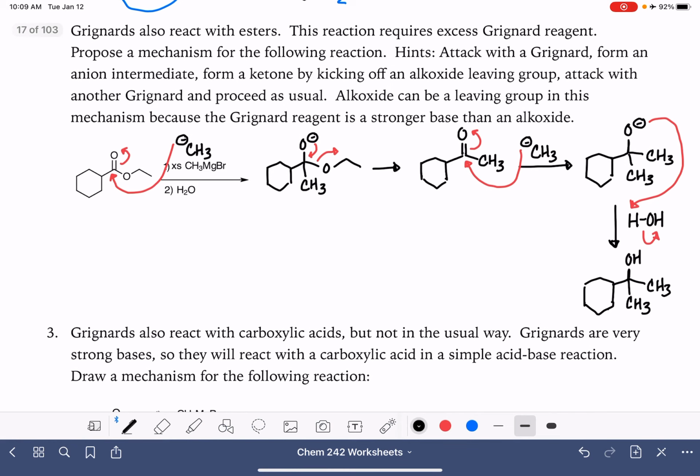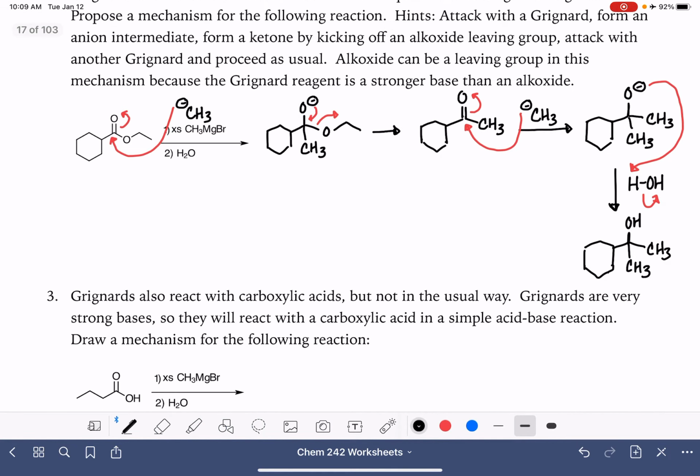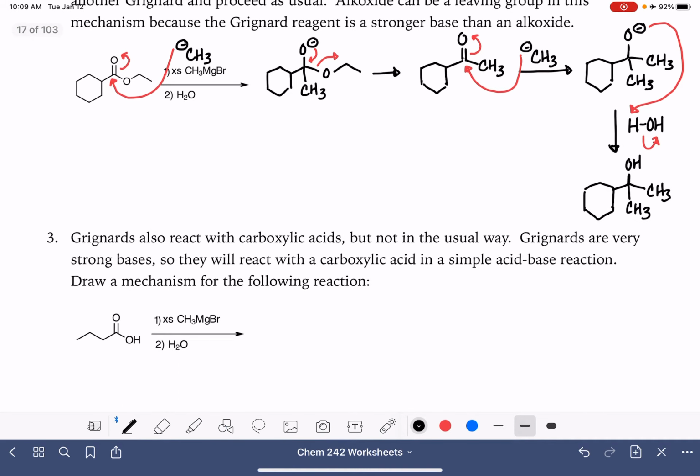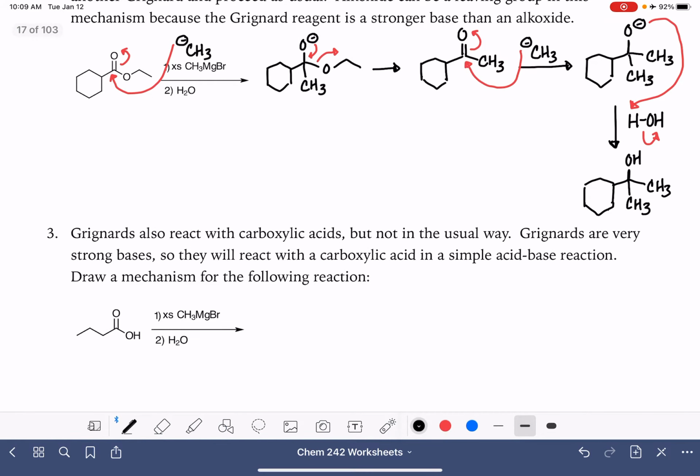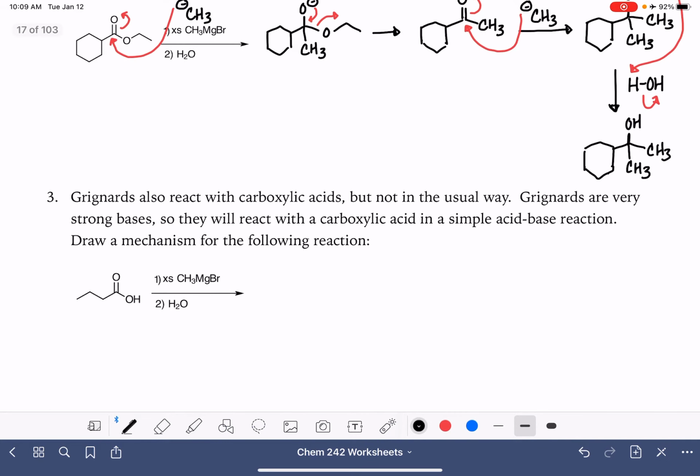Last but not least, Grignards can react with carboxylic acids, but not necessarily in a way that we would expect. So down here, we're going to draw the mechanism of the Grignard reacting with this carboxylic acid. Grignards are just super strong bases.